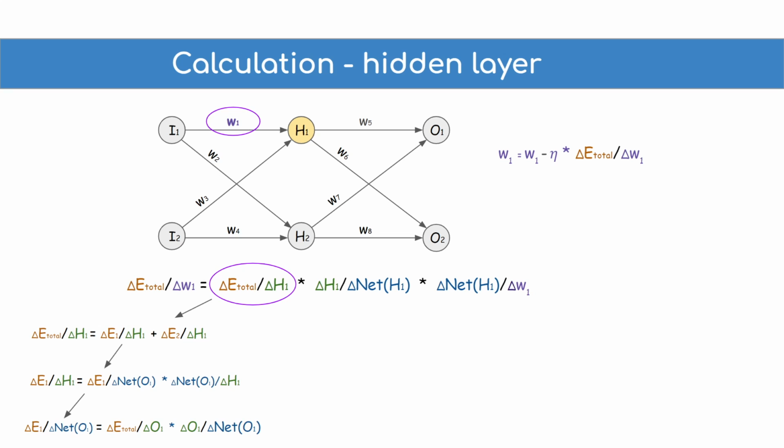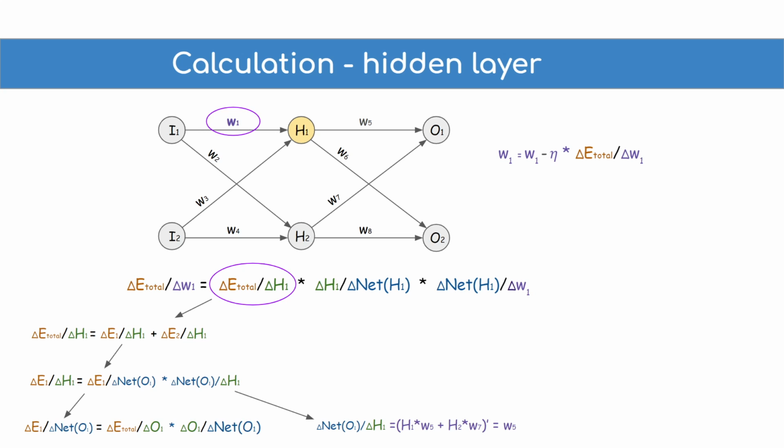You can see it's reducing very smoothly, and the right-hand component is a simple derivative of net value of the output neuron with respect to H1. So as you can see, it's just simply W5 because we are differentiating by H1.